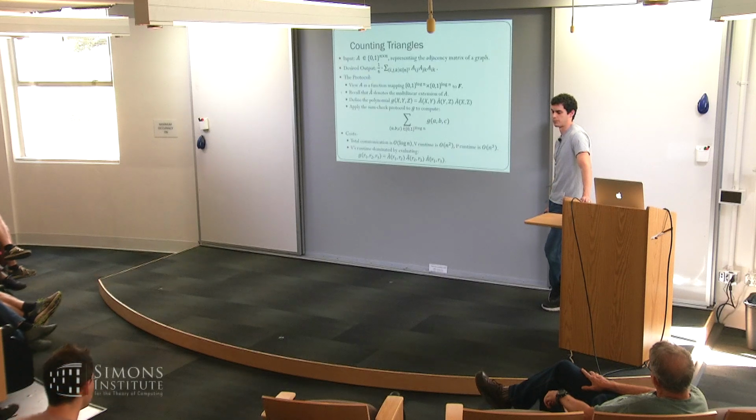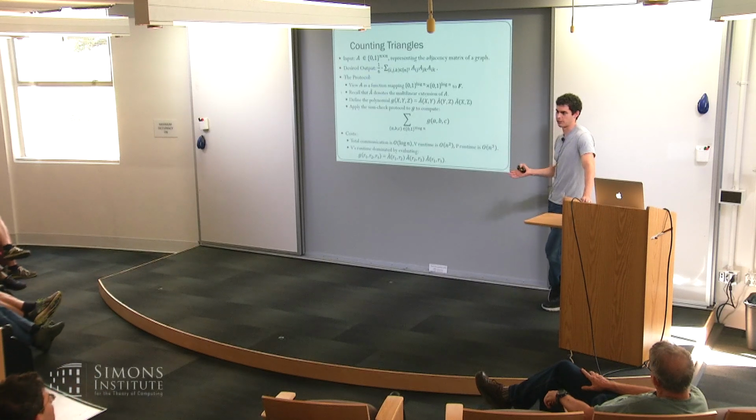Freivalds' protocol is optimal in a certain sense because the verifier is linear time, but the prover actually has to send the product matrix. There's a known interactive proof for matrix multiplication where, if you don't actually care about the product matrix, there are ways to avoid the prover sending it explicitly. I probably want to leave it at that unless there happens to be lots of extra time at the end of the talk. But does that give you an idea?